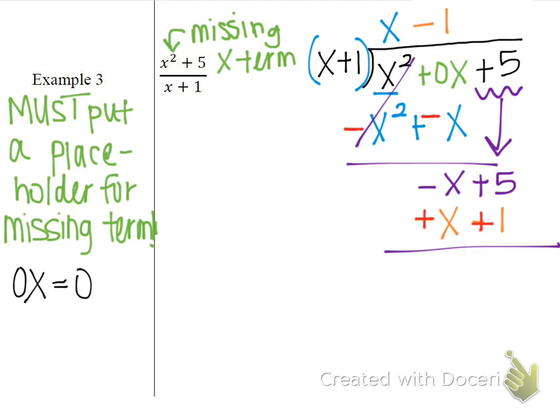What happens to the x's? They cancel. And 5 plus 1 gives me a remainder of 6. So my answer here is going to be x minus 1 plus 6 over x plus 1.